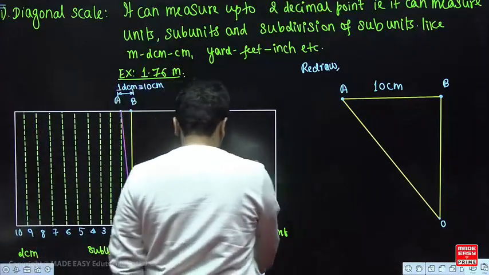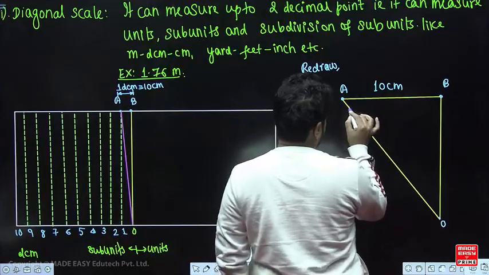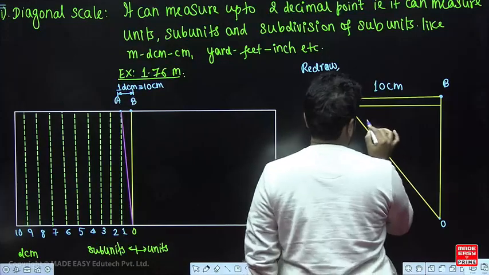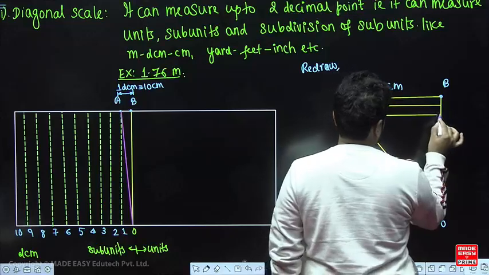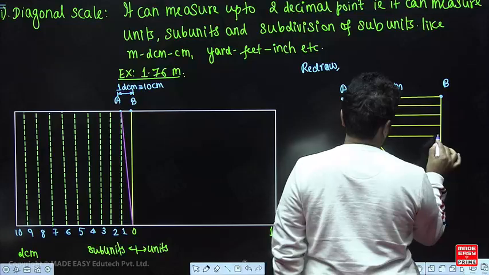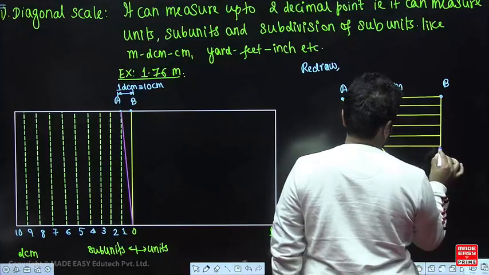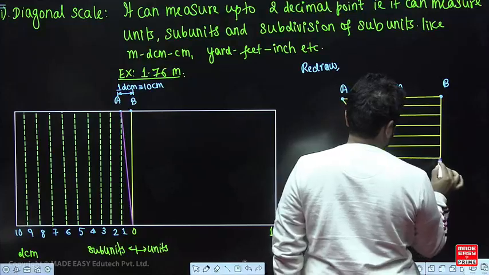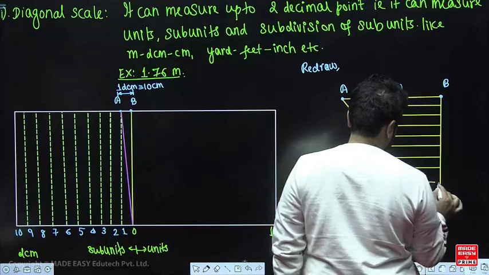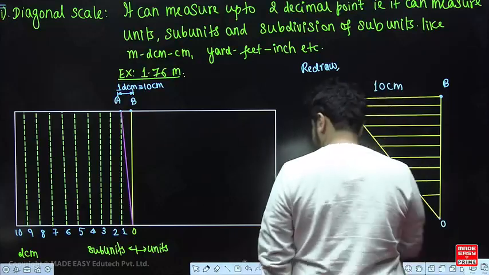Now I am going to convert the decimeter into centimeter. So I will divide it into 10 equal parts, right? So let us say this is 9, 8, 7, 6, 5, 4, 3, 2, 1, correct?